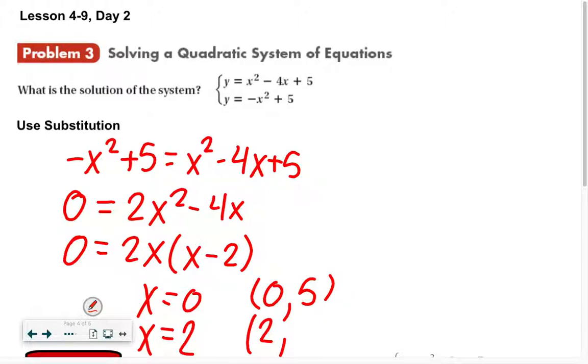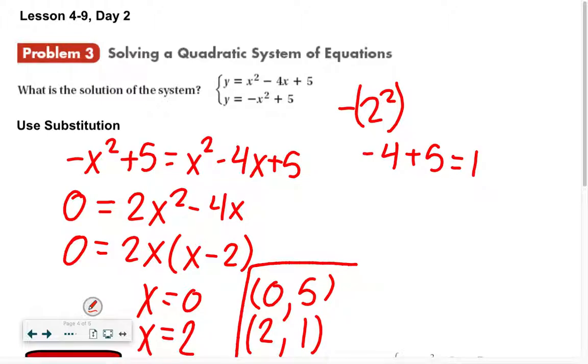When I plug 2 in, I take the 2 squared, which is 4, and make it negative. It's not negative 2 squared, it's 2 squared, and then make it negative. So I have negative 4 plus 5, which is how much? 1. So my point is (2, 1).